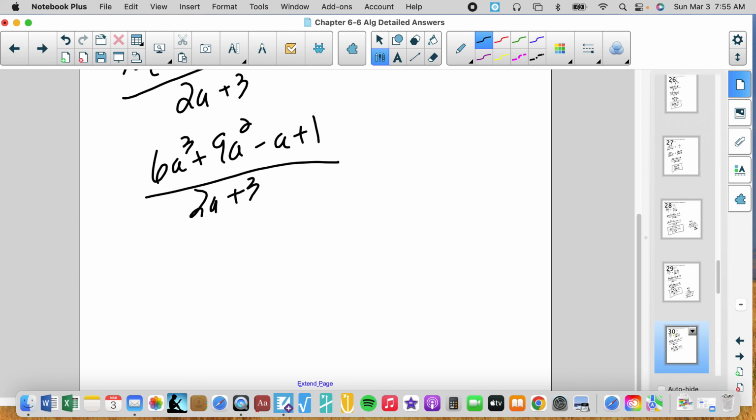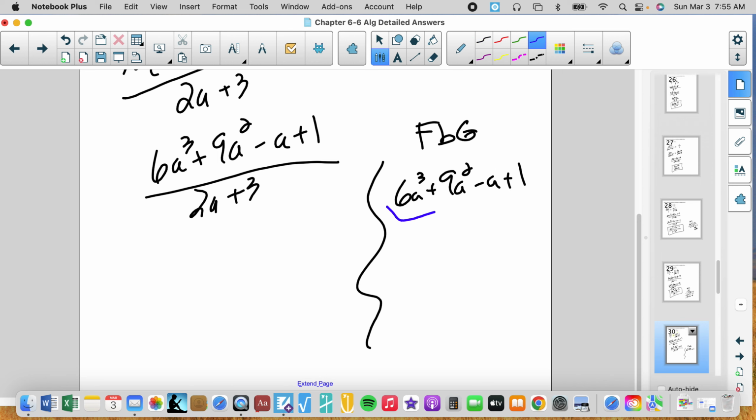Now I'm going to test and see factor by grouping. When we have 4 terms, I always look at factor by grouping. So we have 6a cubed plus 9a squared minus a plus 1, and we'll group those and group those. I can factor out a 3a squared, and that gives me 2a plus 3. I can factor out a negative 1, and that gives me a plus 1.